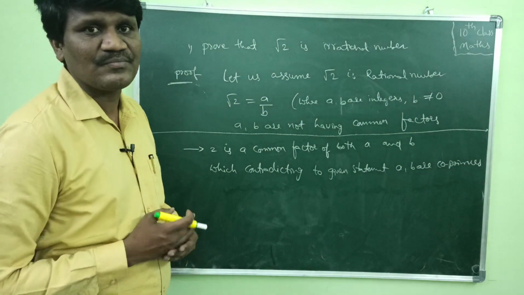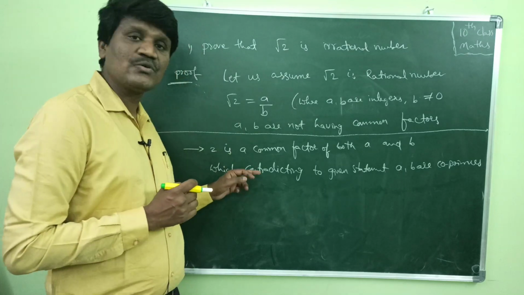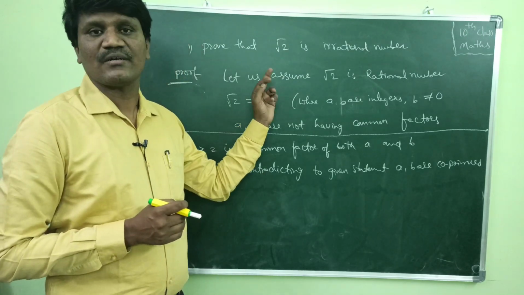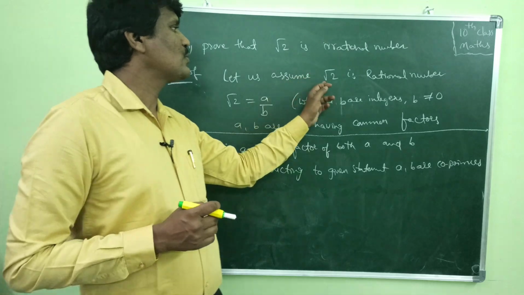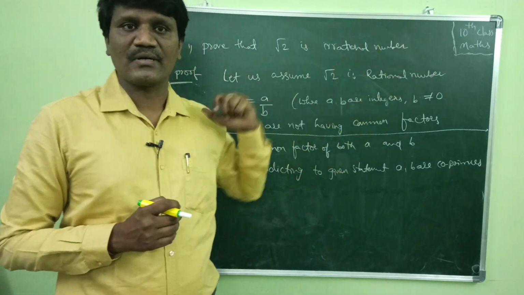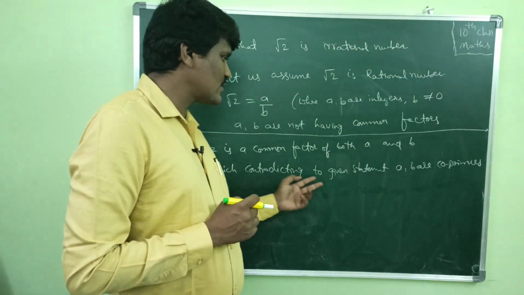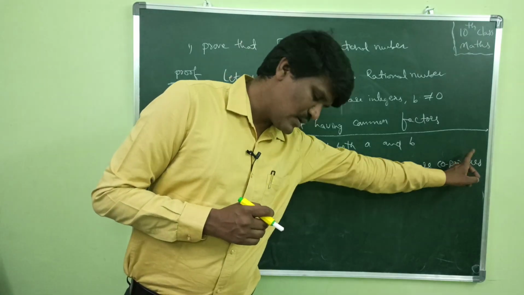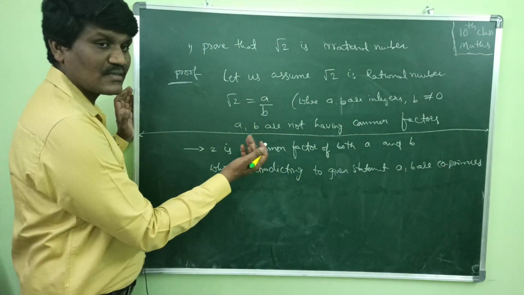Why has this come? This has come due to our wrong assumption. What we assumed: root 2 is a rational number. So which contradicts the given statement a, b are co-primes. Why has this arisen?